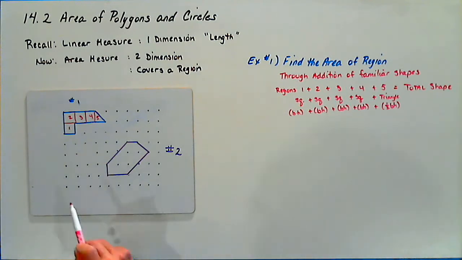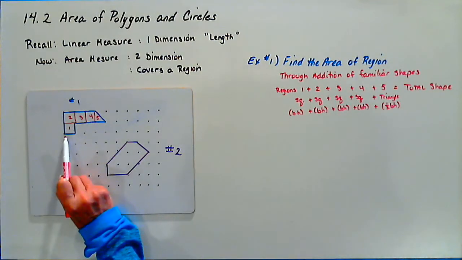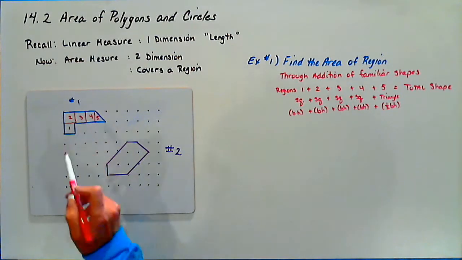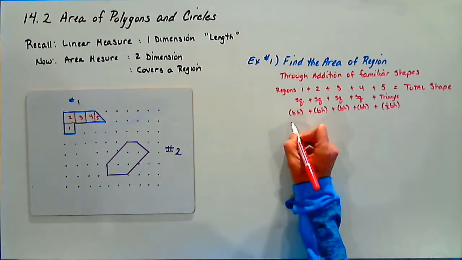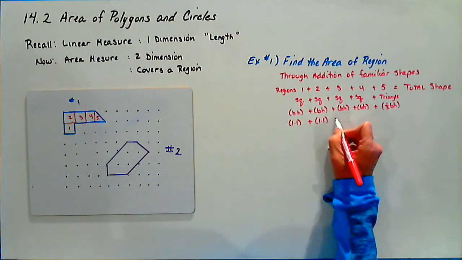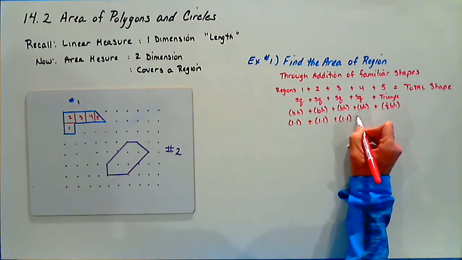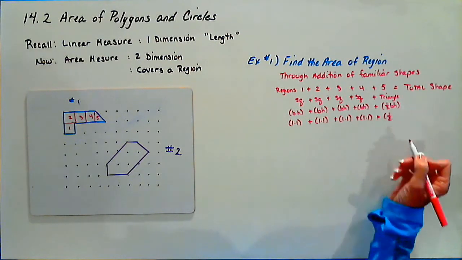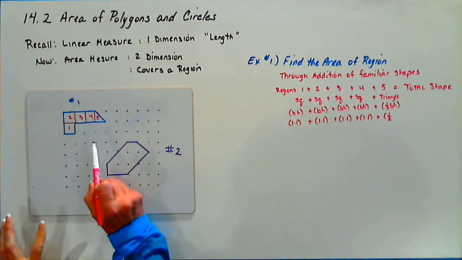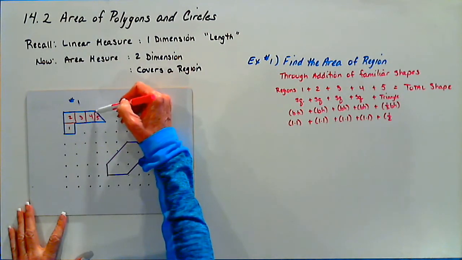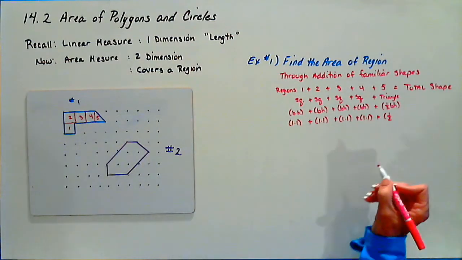If we look at our regions, the base looks like 1 unit long by 1 unit long. Similarly, the same thing with the other squares. The first time through, I would have the students fill in the base and the height for each of those 4 shapes. When we get to the triangle, you'll notice the base of the triangle is 1 unit long, and the height of the triangle also is 1 unit long.